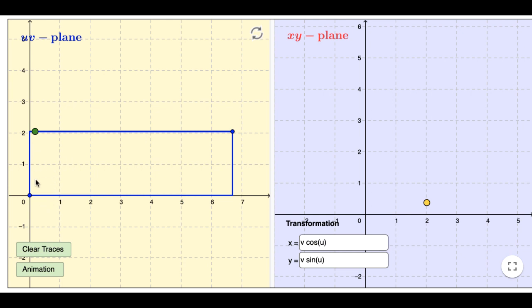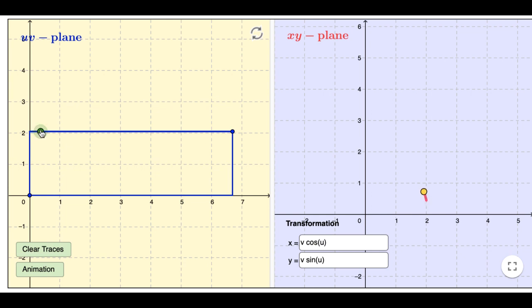So really what's increasing is the horizontal coordinate, which is u, which is really theta. So the angle is going to be increasing. We start with an angle very close to 0, so it's almost next to the x-axis, and that's going to be increasing until, well, remember 2 pi is like 6.28. So this is going to do more or less a complete revolution. So let's see what happens.